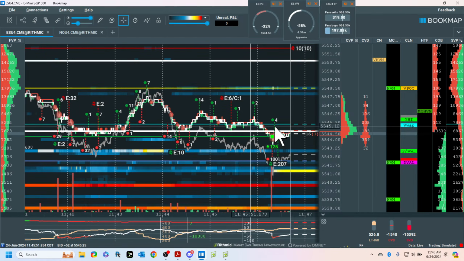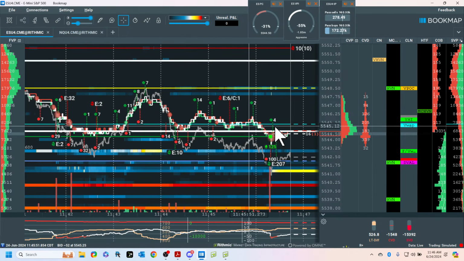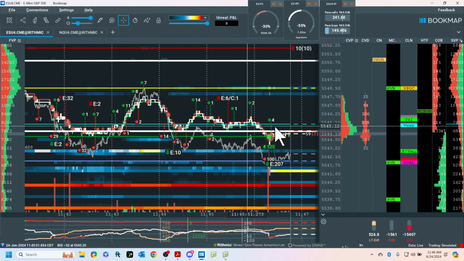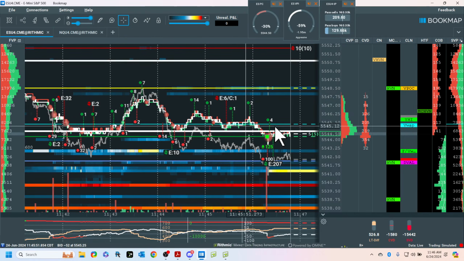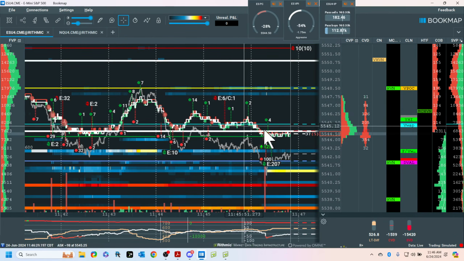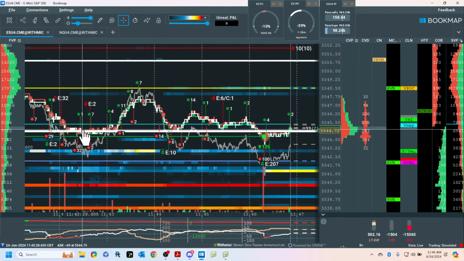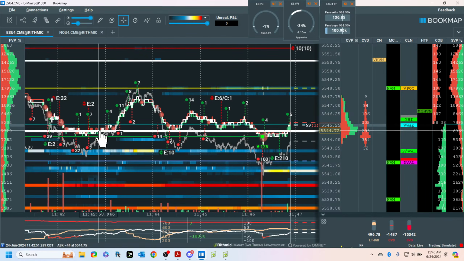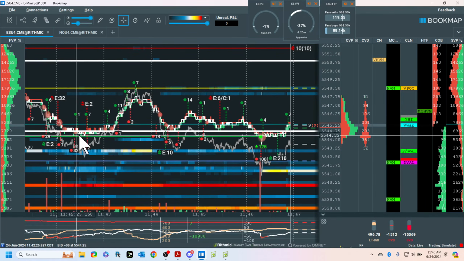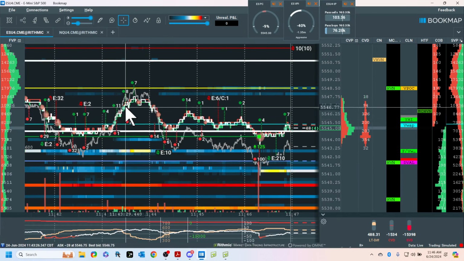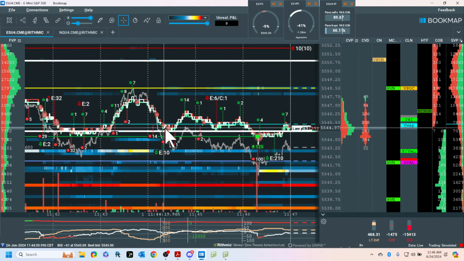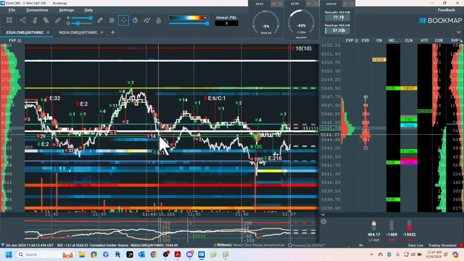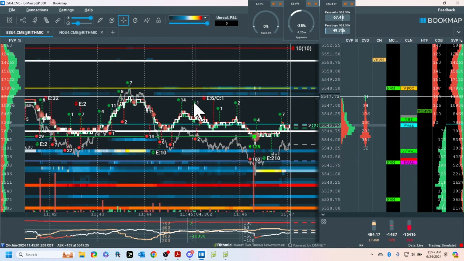And what do I got here? Nothing so far. But I did want to show you this because this was absorption here. There's your rotation. This would be a potential, but I had no buying here. You see, that's a problem.